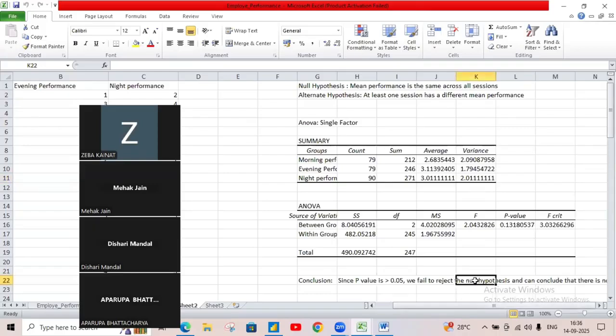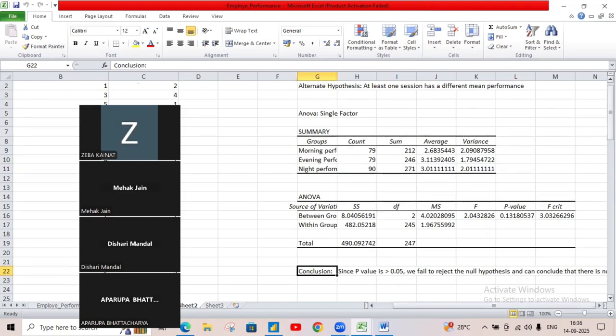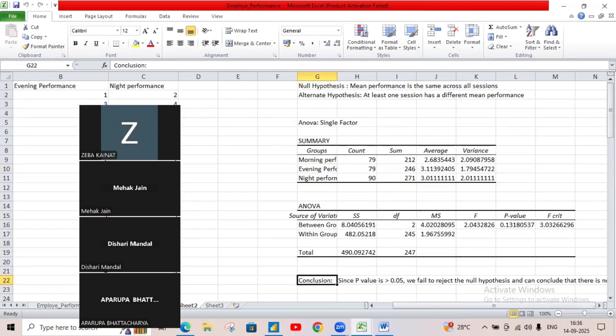So we've used two problem statements that we thought were relevant to our data. The first problem statement speaks about the mean performance across different sessions. Our null hypothesis in this case is the mean performance is the same, and our alternative is the mean performance is different.